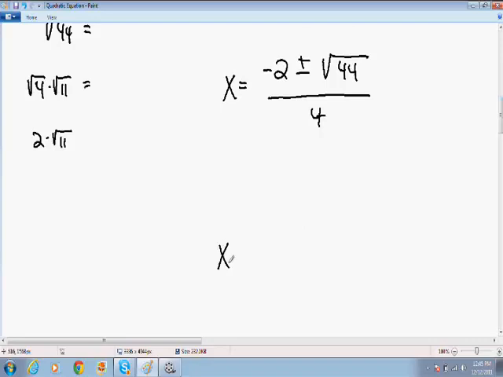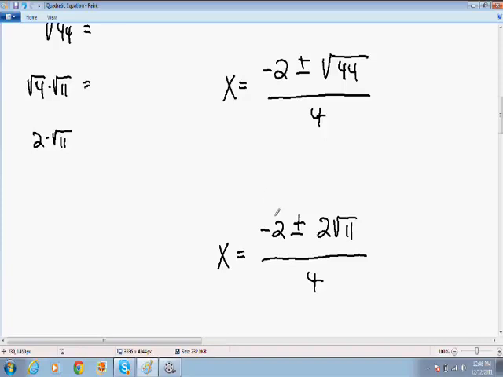So now I'm going to rewrite this equation as negative 2 plus or minus, instead of the square root of 44, 2 times the square root of 11, all divided by 4. And last but not least, we have to check if all the terms have something in common.